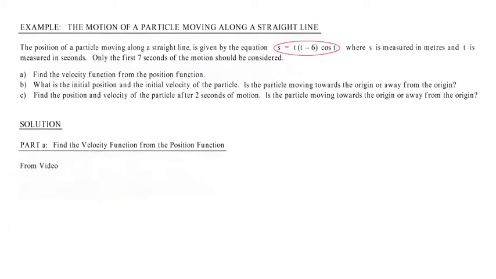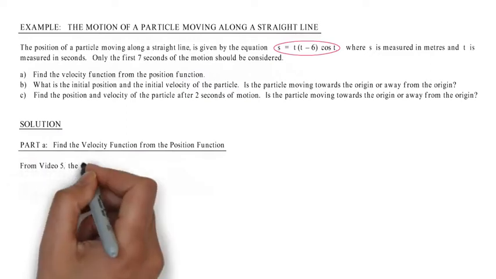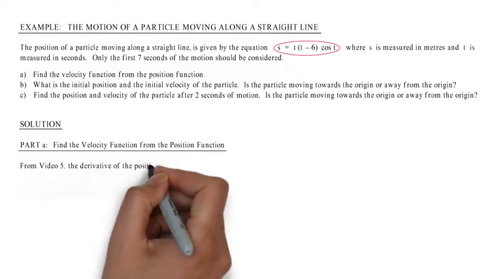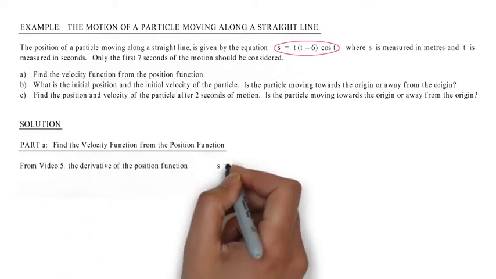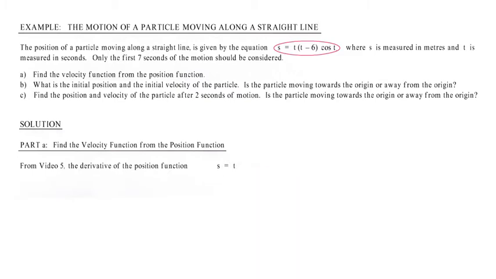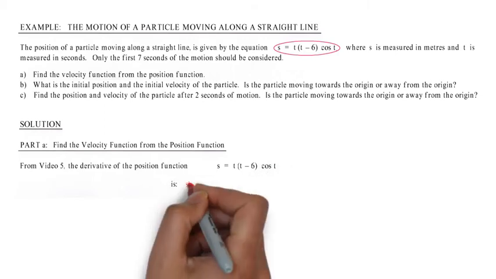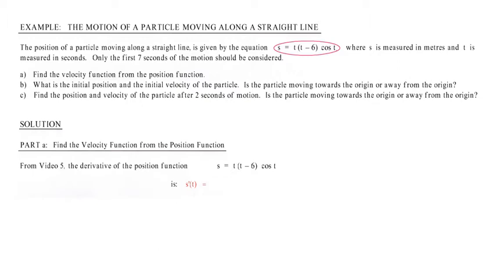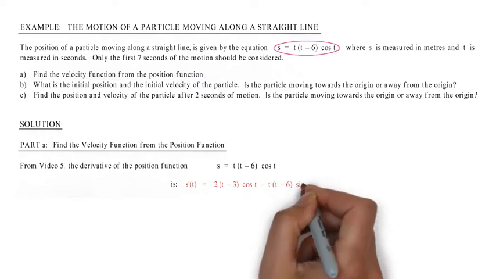From video 5, the derivative of the position function s = t(t - 6)cos t is s'(t) = (2t - 3)cos t - t(t - 6)sin t.